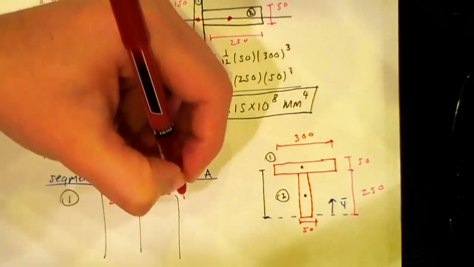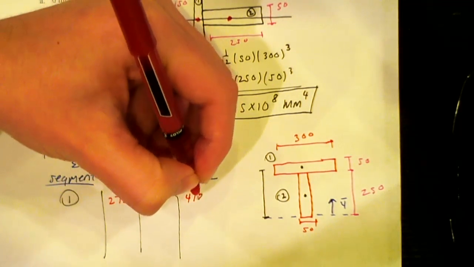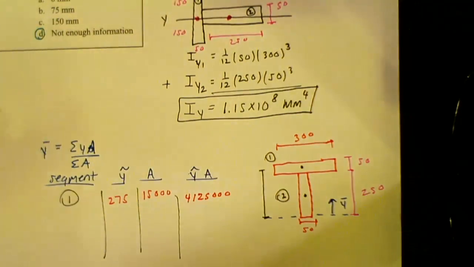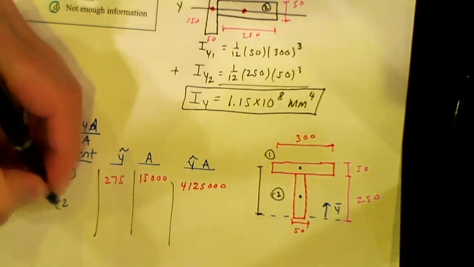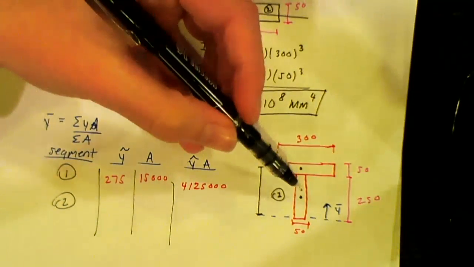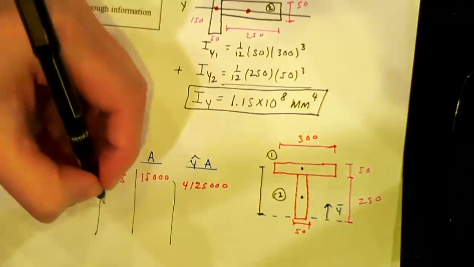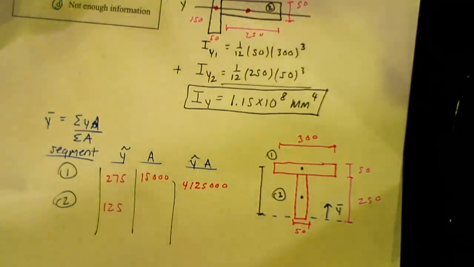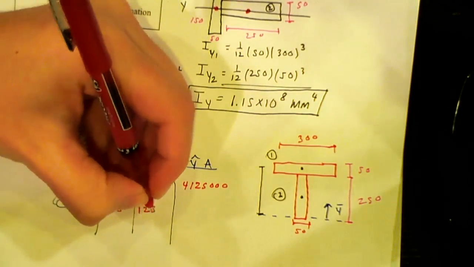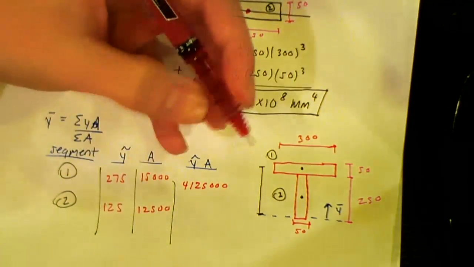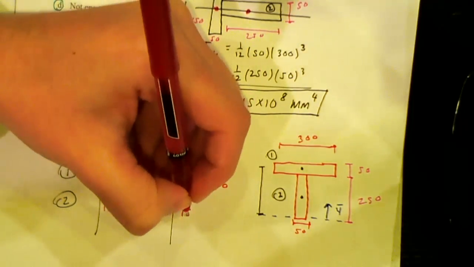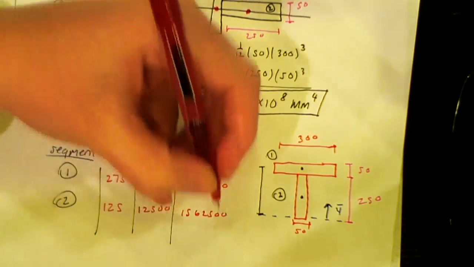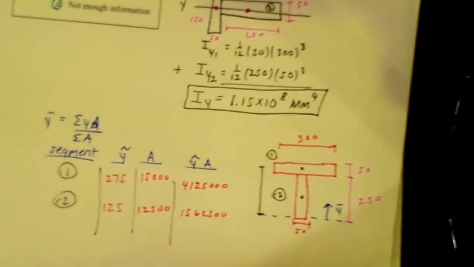Those multiplied together give that lovely large number. Then for figure 2, my y tilde is just 1/2 of 250, so I have 125. The area is 50 times 250, so that's 12,500. Multiplying those, I get this other lovely large number.